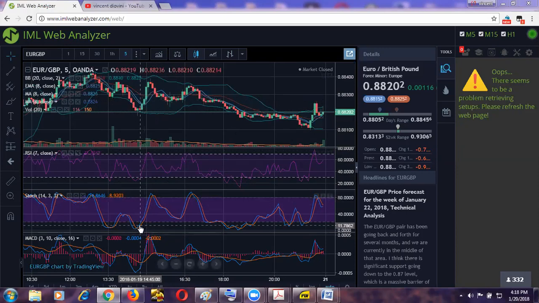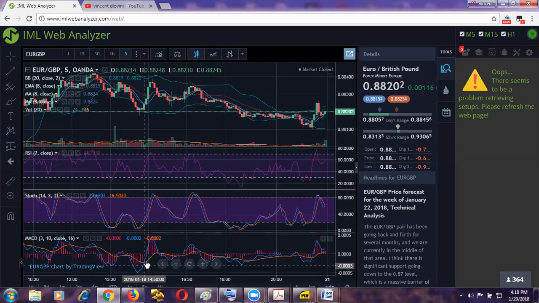You can see the blue line has crossed the red line, so that means there is going to be a massive buy. Also for the MACD, you can see the blue line crossing the red line for a massive buy.